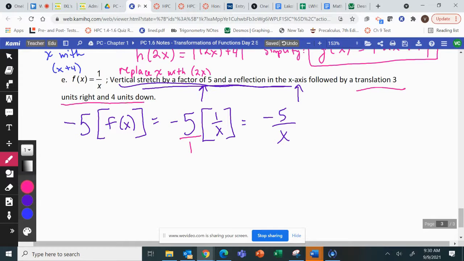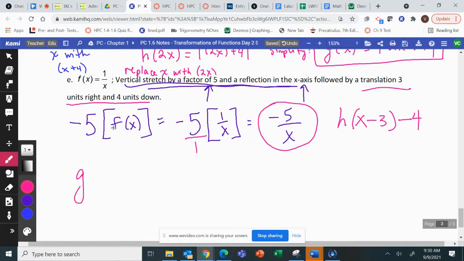and 4 units down. So from my h of x, I'm going to have 3 units right, which is x minus 3, and then 4 units down, so minus 4 on the outside. And the h of x equation we're going to use is this one right here. So if I do x minus 3, that means replace x with x minus 3.